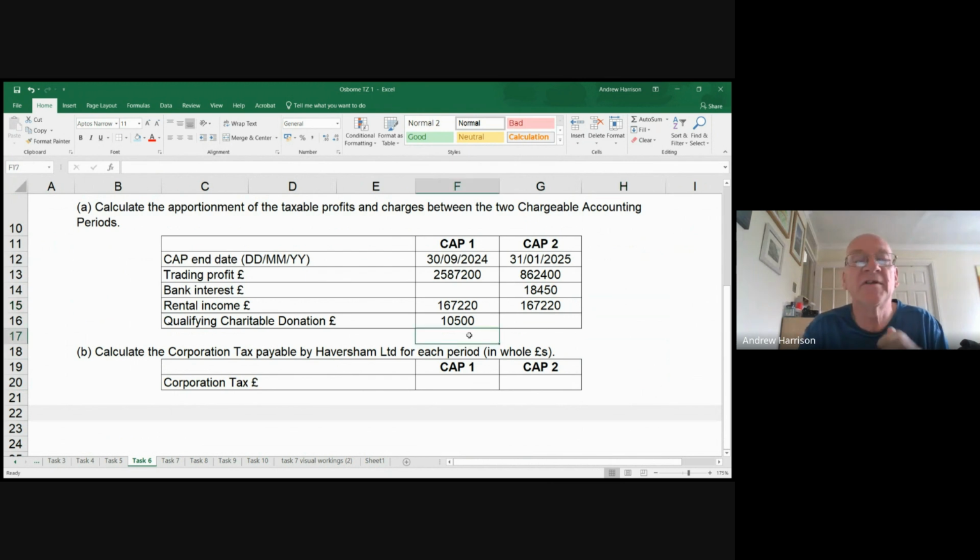Now, because I'm on a spreadsheet, I can do it quite easily. So our trading profits plus bank interest, isn't it in this case, plus the rental income minus our QCD.